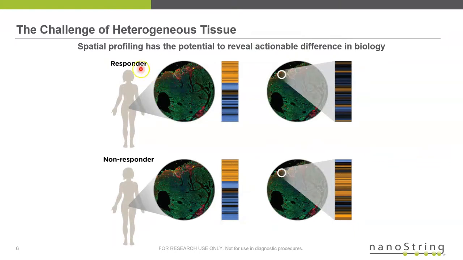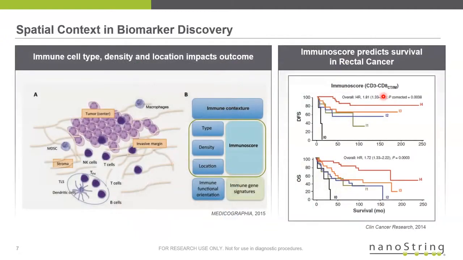Comparing responders and non-responders using bulk analysis, as we saw with the inflammation score, definitely has a lot of benefit. But there are cases where bulk analysis does not reveal any differences between responders and non-responders. If you can focus in on the biology within the tumor, on regions of the tumor where that biology is really active, then you can start to flesh out distinct differences that will separate the responders and non-responders.